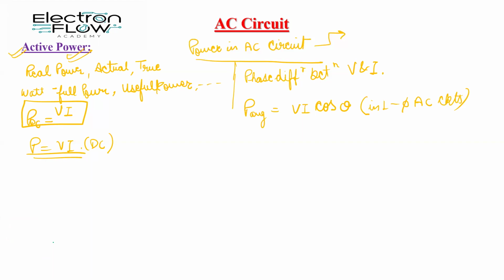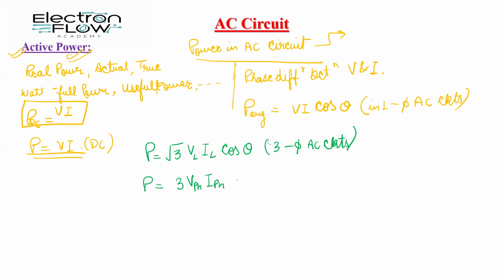Next, if I elaborate this formula further, real power is also equal to root 3 times line voltage into line current multiplied by cos theta. This is for three phase AC circuits. And again, P is equal to 3 times phase voltage times phase current times cos theta.